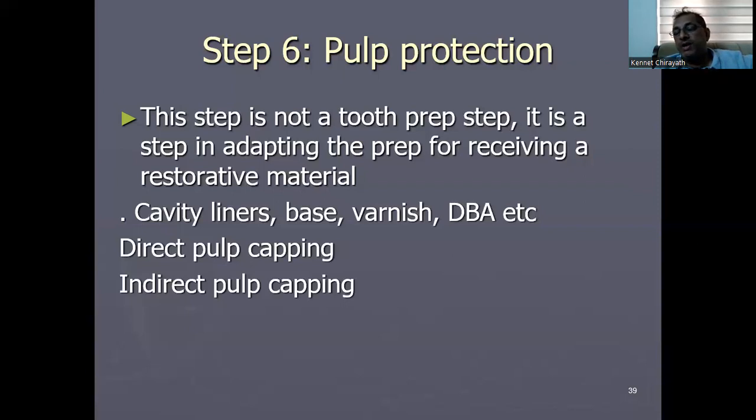Normally, when we anticipate pulpal exposure, removing the layer of dentine will result in pulpal exposure. So in that case, we give a layer of calcium hydroxide and try to protect and maintain the vitality of the pulp. Okay, pulp protection.